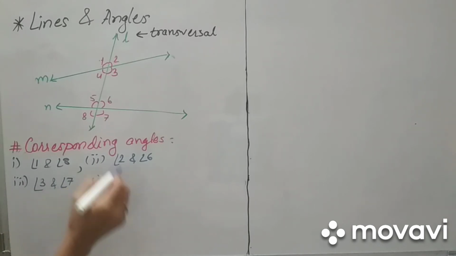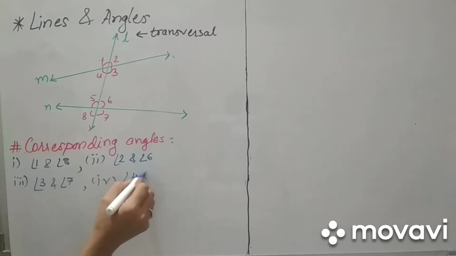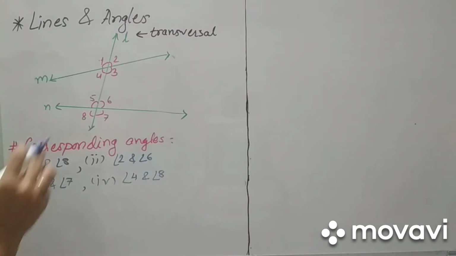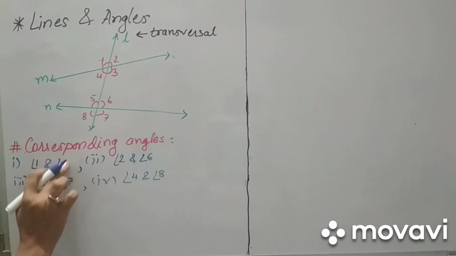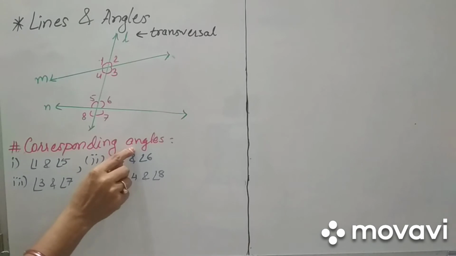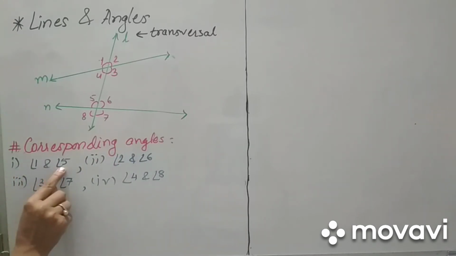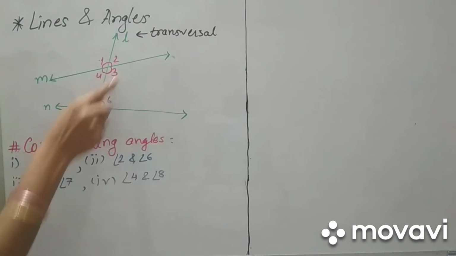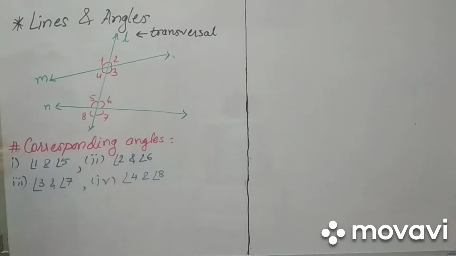And fourth pair, angle 4 and angle 8. Here by mistake I wrote it wrongly. Got it? Corresponding angles once again: angle 1 and angle 5, 2 and 6, 3 and 7, 4 and 8 are known as pairs of corresponding angles.